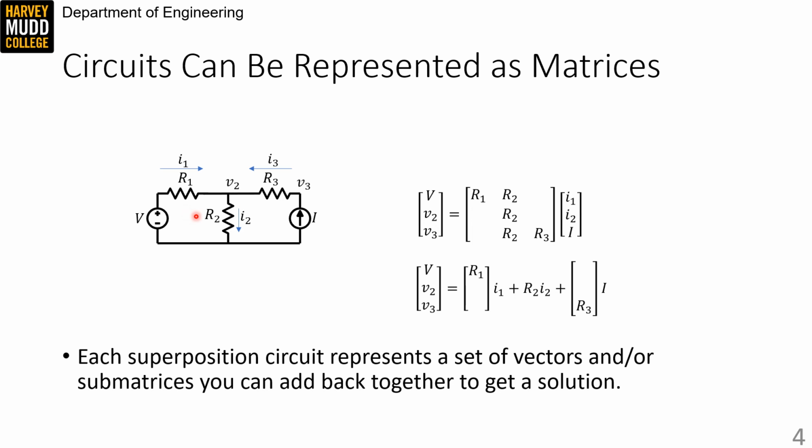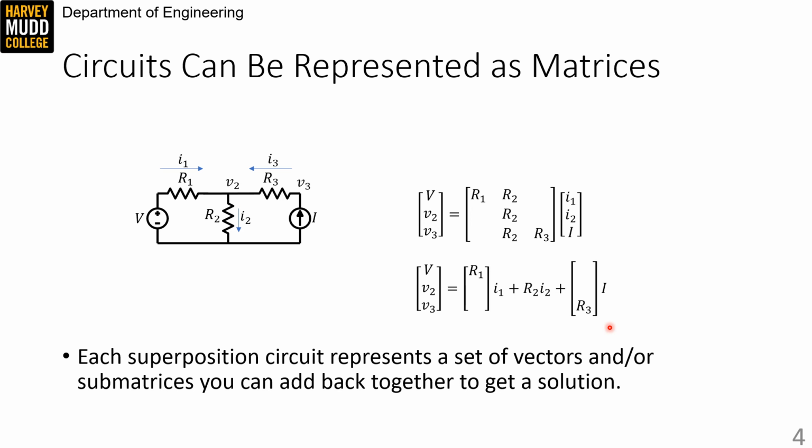By splitting this matrix out along the input vector, we can see that the I current source just creates one term in this matrix sum. And you could imagine that you could set I to 0, calculate the behavior of all of the other terms, and then set I to some value and calculate its effect separately from them, because the circuit is linear.